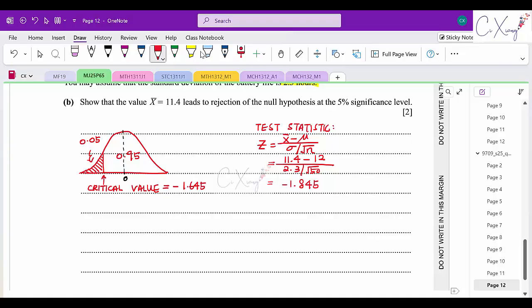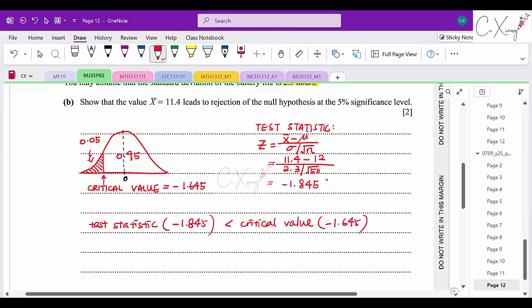Then we write out the statement. The test statistic is negative 1.845, less than the critical value negative 1.645.